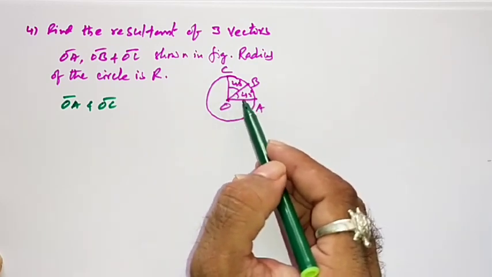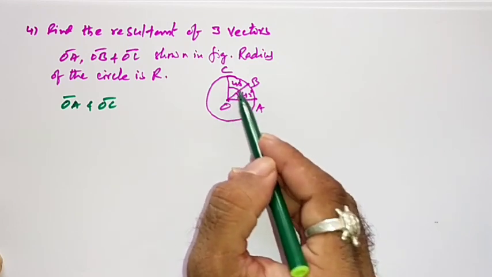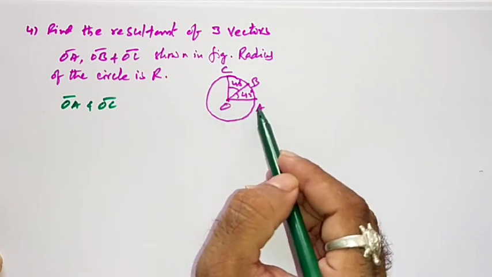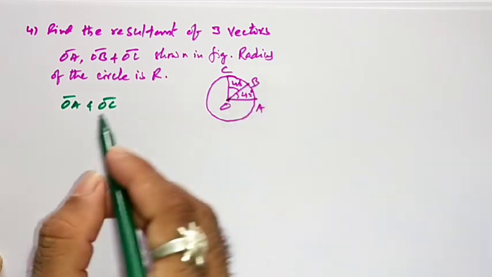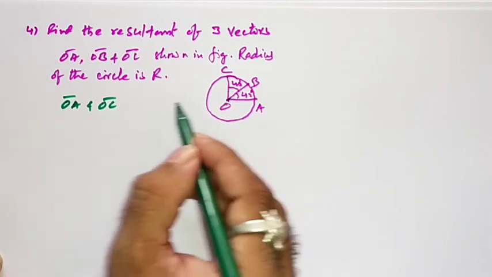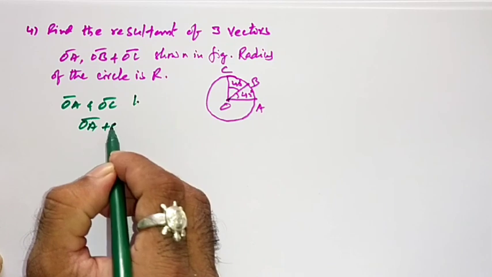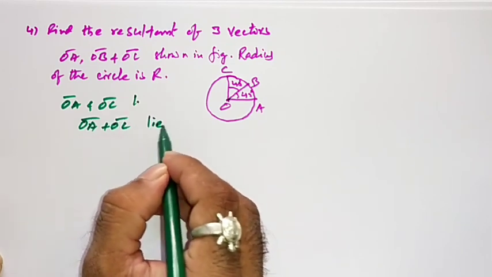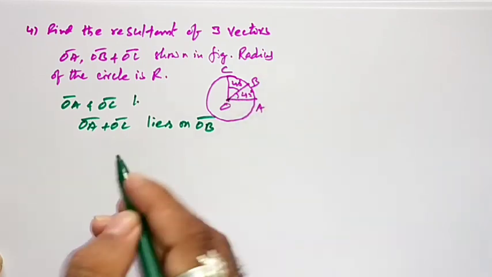R. And the angle between them is 90 degrees. So the resultant bisects the OC and OA angle. That is 45, 45. So the resultant of OA plus OC vector lies along the OB vector.